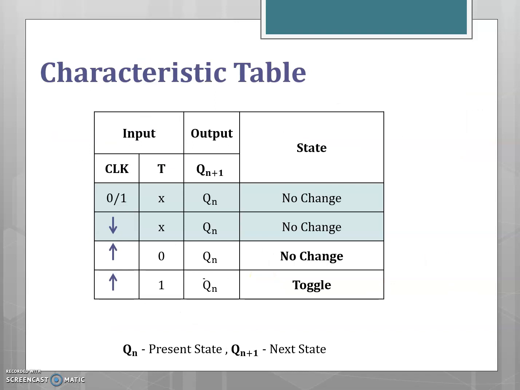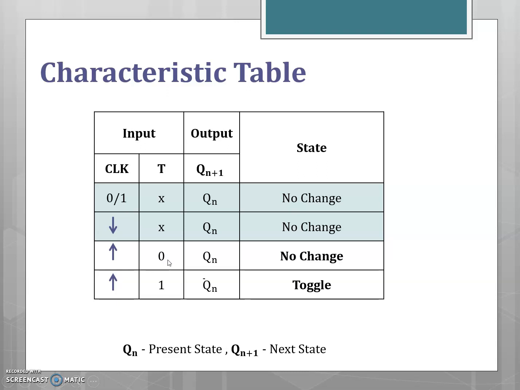So the characteristic table, again it is a positive edge triggered flip-flop. For negative edge triggered or for logic 0 or logic 1, irrespective of the input, the output is the same as the previous value and there will be no change in the circuit output. And for the rising edge of the clock with the toggle input T equal to 0, it means J is equal to 0 and K is equal to 0.